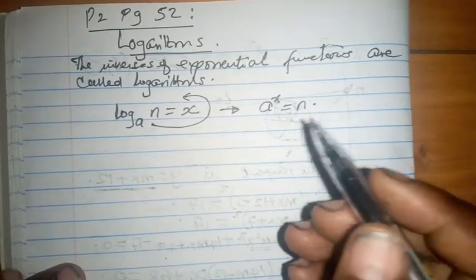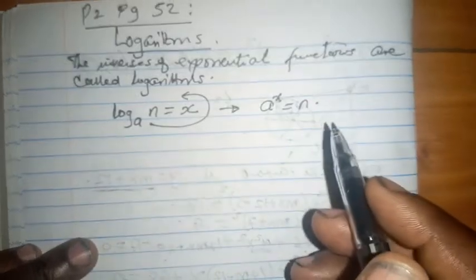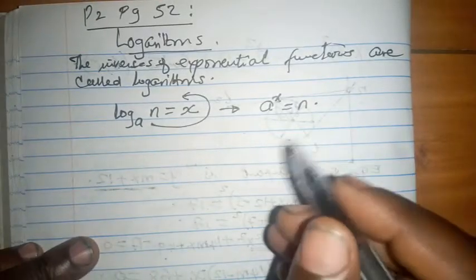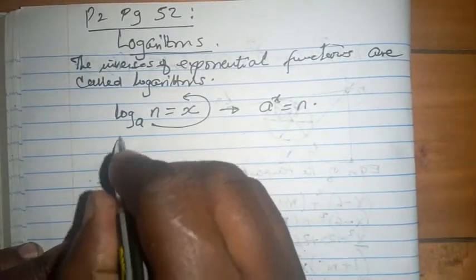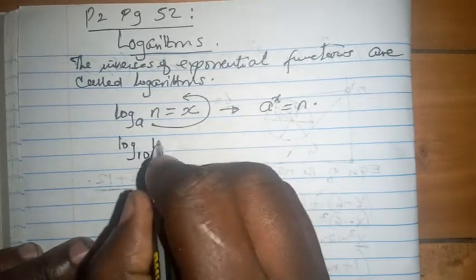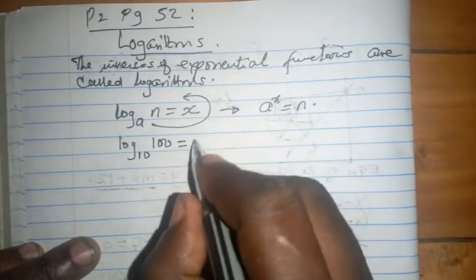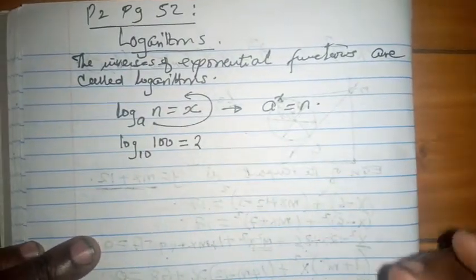Let me repeat this in a clearer way. The logarithm into base 10 as we know it of 100, if you use your calculator, you realize this is simply a 2.